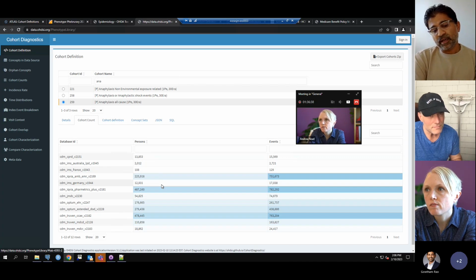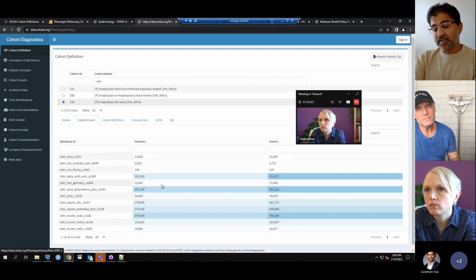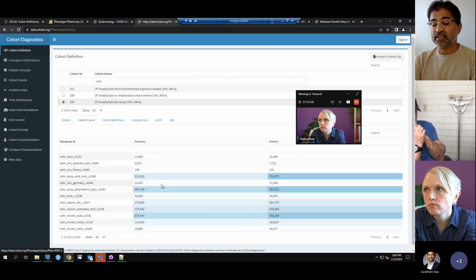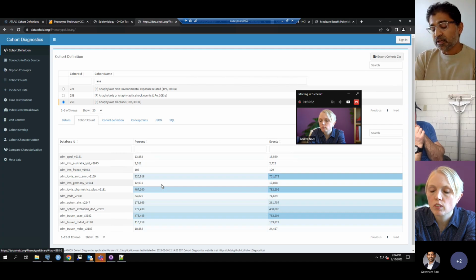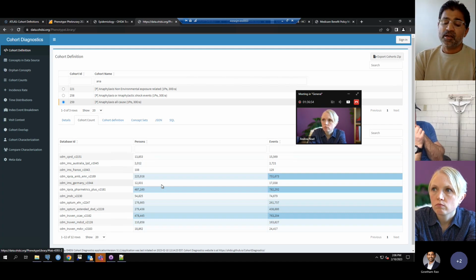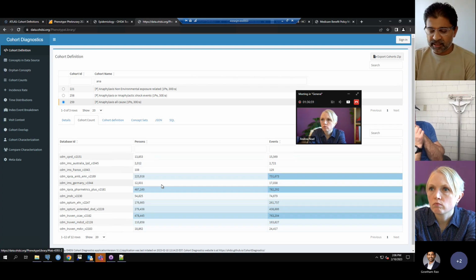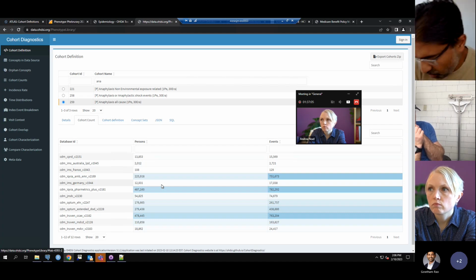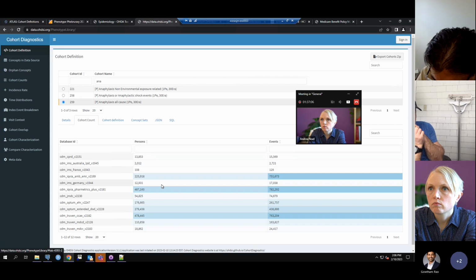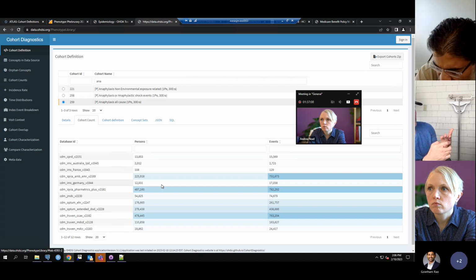In the new definition that we built, we will have events that are in a visit of the category doctor's office as defined by our concept set expression, but not in inpatient or ER, since the inpatient or ER cannot be within 1 day of this outpatient visit. And they should not have any services that represent urgent care type of care.